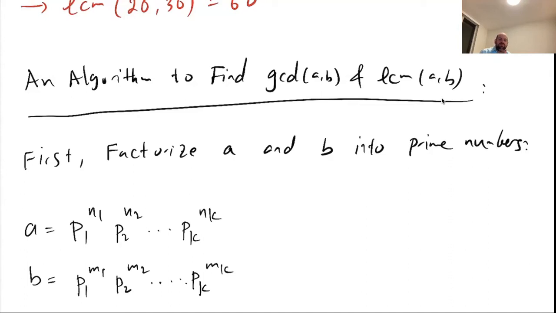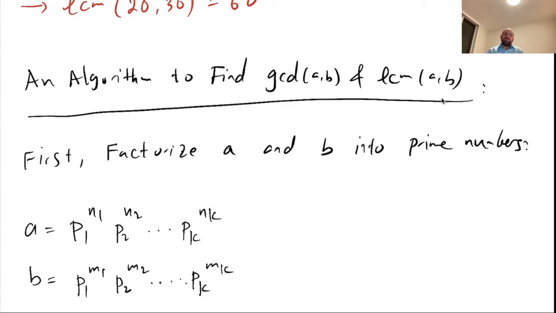So here you could ask me a question or an objection: why did I list the same prime numbers that I listed for A, which I call P1 to Pk, for B as well? Am I allowed to do that?